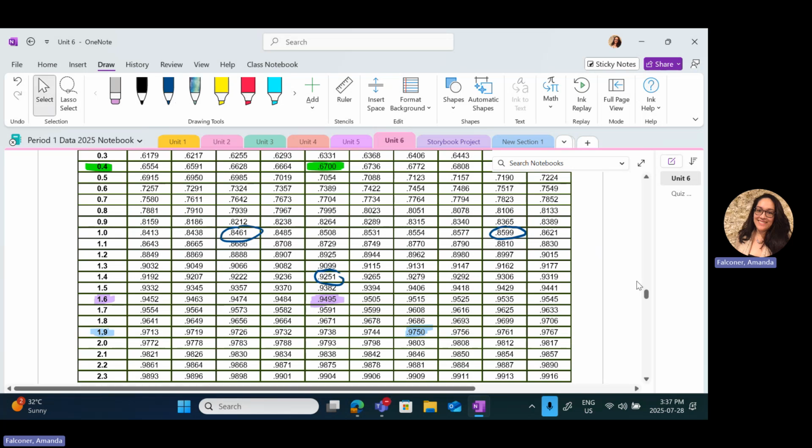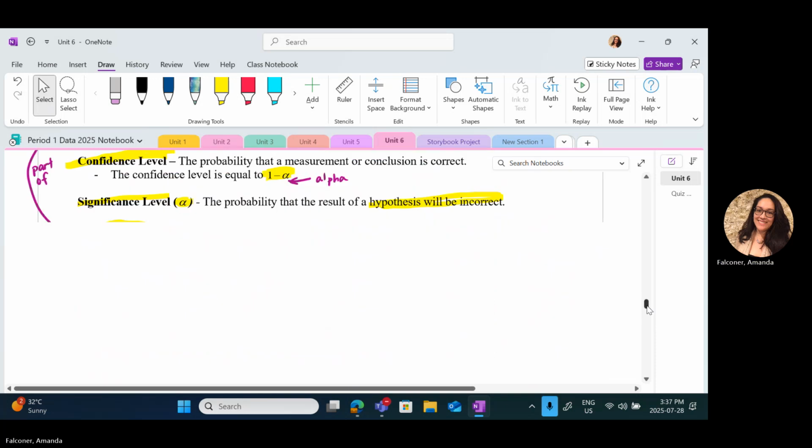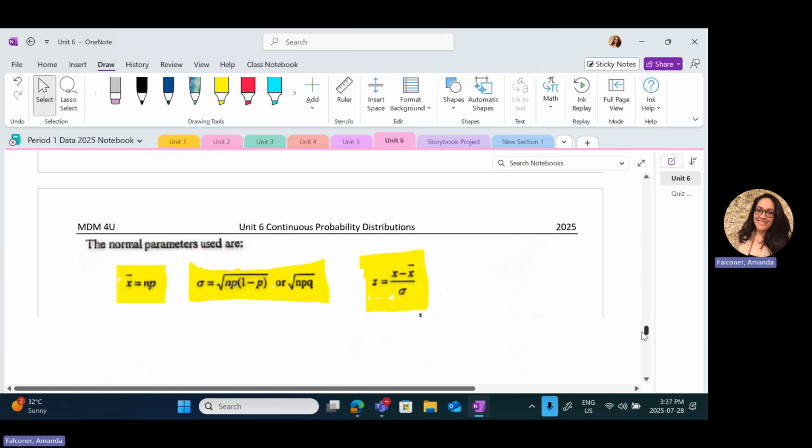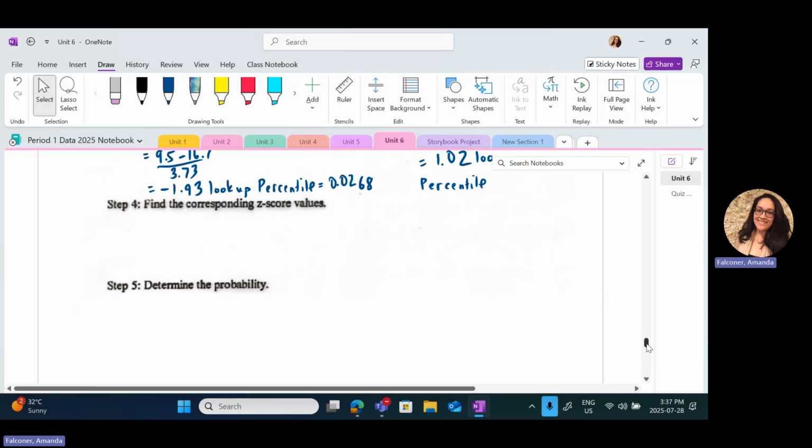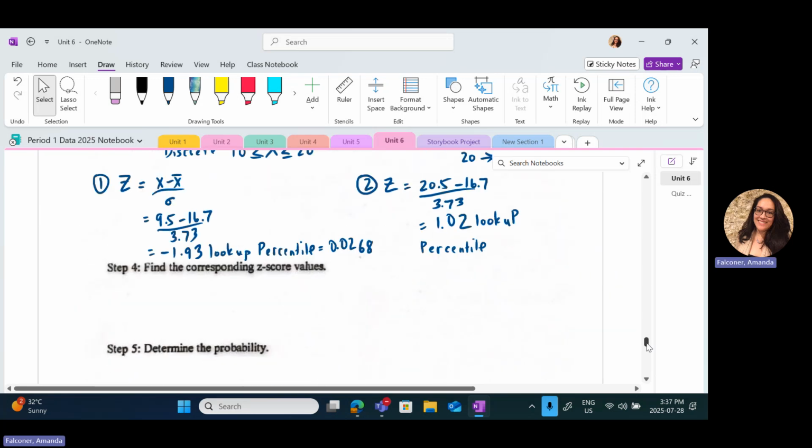All right, so we're going back down and writing that value down. So my percentile, just going to fill in right here, is equal to 0.8461.